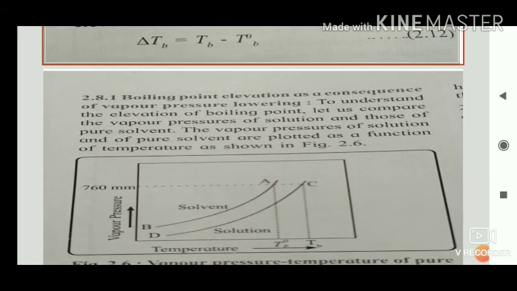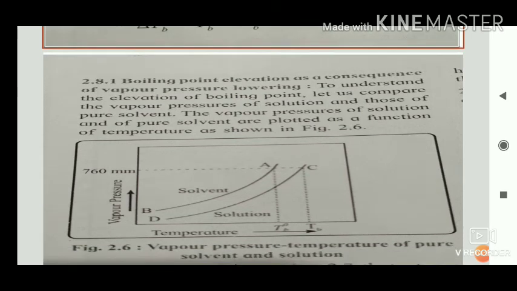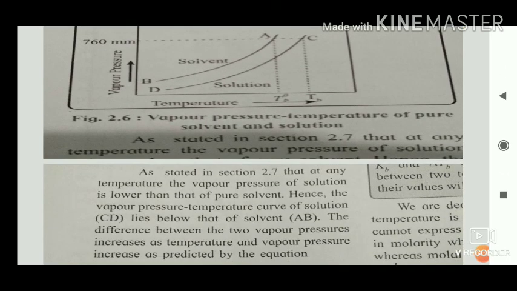This is shown with the help of a graph. The graph is plotted as vapor pressure against temperature, and this graph shows that at any temperature the vapor pressure of the solution is lower than that of the pure solvent. Hence, the vapor pressure temperature curve of the solution, that is CD, lies below that of the solvent AB.